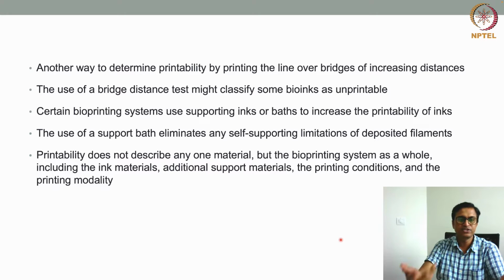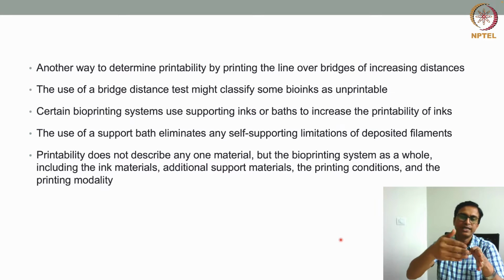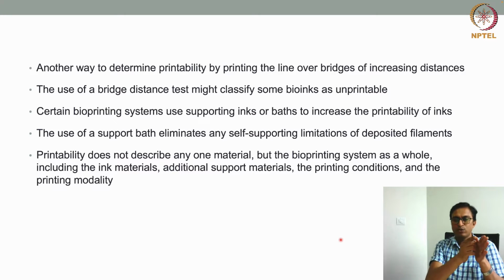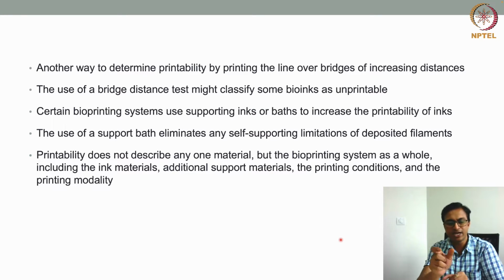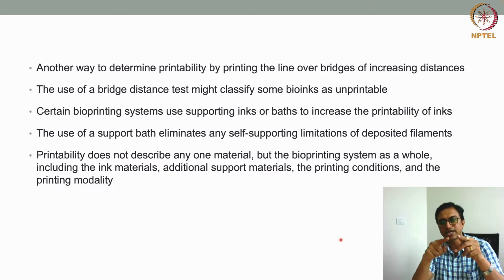If the ink can sustain itself over the bridge, then that ink has very good printability. With increasing distance, we can evaluate at what distance the printed line can support itself, and there is no sagging of the line.